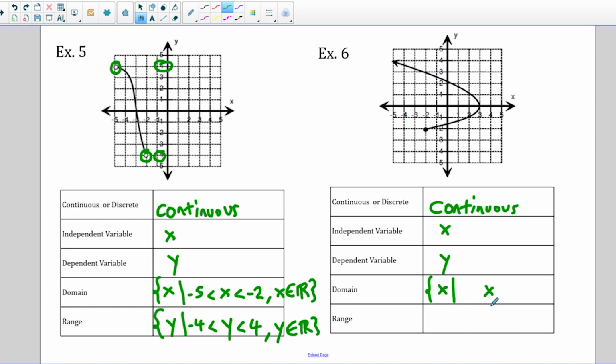And we're going to try to look for the lowest value of x possible, and then the highest value of x possible. Now I'm going to start off with the highest possible value. And in this case here, if we're looking along our x-axis, we can see that we have points for every value of x up until we hit this +3 here. And there is going to be a point right there where x is equal to 3. So we can put that 3 there. And we're going to draw our inequality signs towards the right.